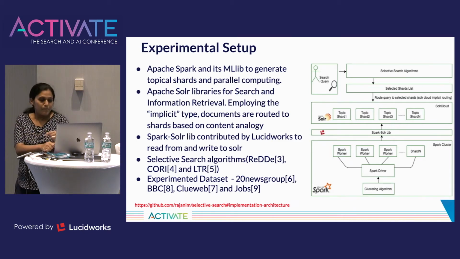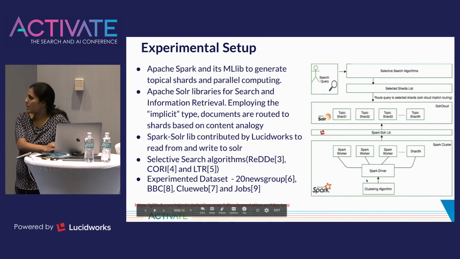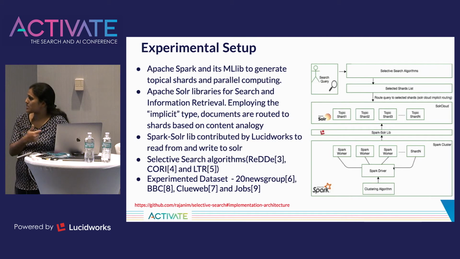So you see, from the bottom up, there is an Apache Spark cluster. It has a number of workers. I have hardware specs in the next slide, but there is a Spark cluster which has the clustering algorithm. Spark itself has k-means libraries in MLlib, but that had some issues with distance algorithms. It just supports Euclidean.